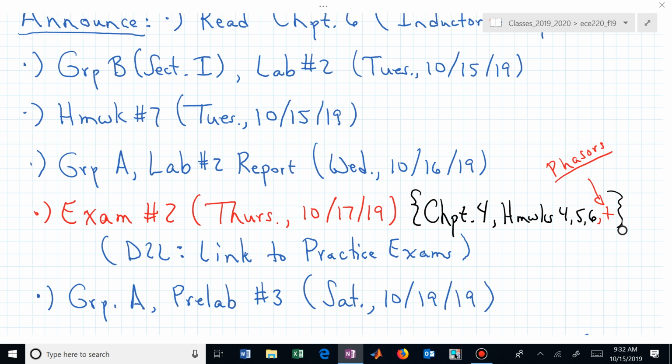And as I mentioned at the beginning, there is an additional piece to the topics for exam number 2, and that will be homeworks 4, 5, 6, and phasors. So when you see these problems, think in terms of resistors, but now your resistors are complex numbers.